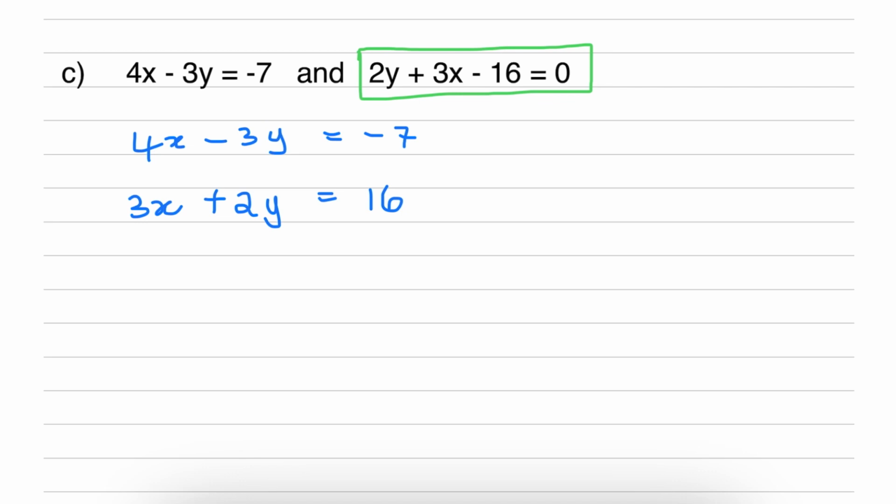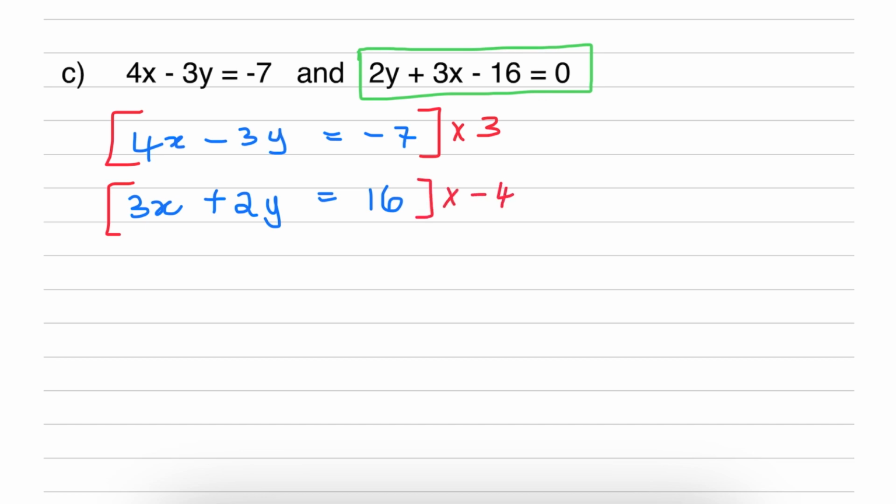Now that they are aligned properly, let's see how we can go about eliminating the variables. Probably the quickest way to do this is to multiply this equation by 3 and multiply this equation by negative 4.